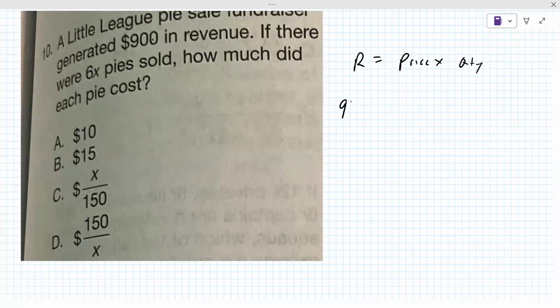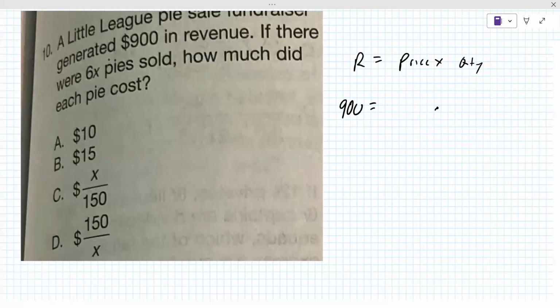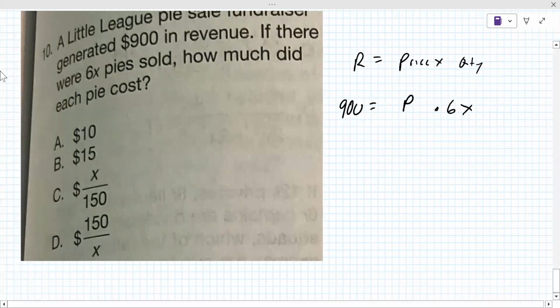That's R. They're saying they sold 6x pies. Is that the price or is that the quantity? Quantity. As the quantity. So you have to figure out the price. You have to figure out P in this problem. Now you can use the answers. That's totally okay. You could sit there and say, okay, is P 10? Is 10 times 6x 900?